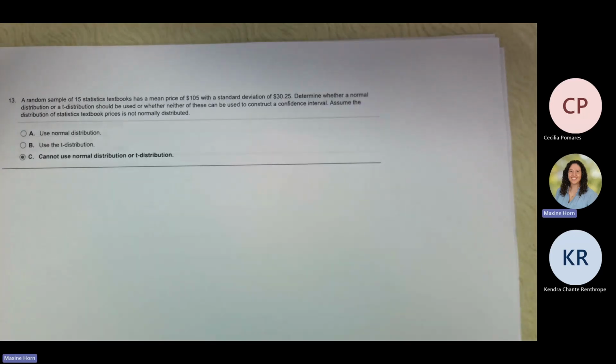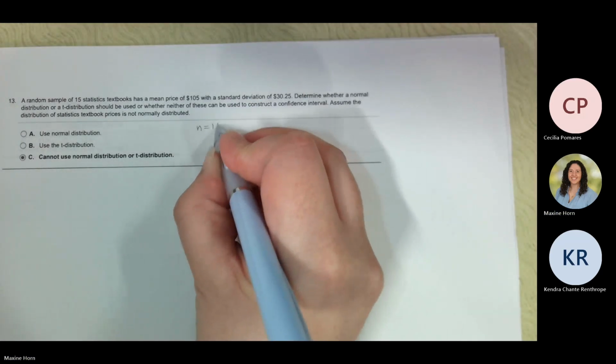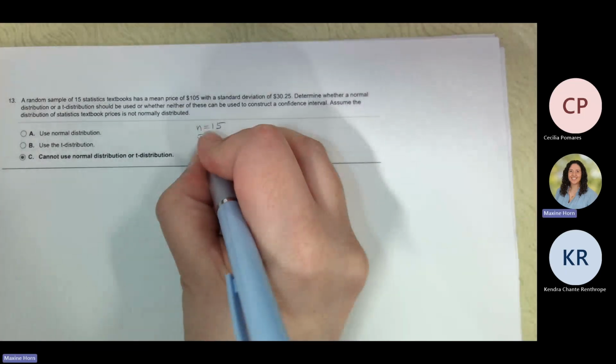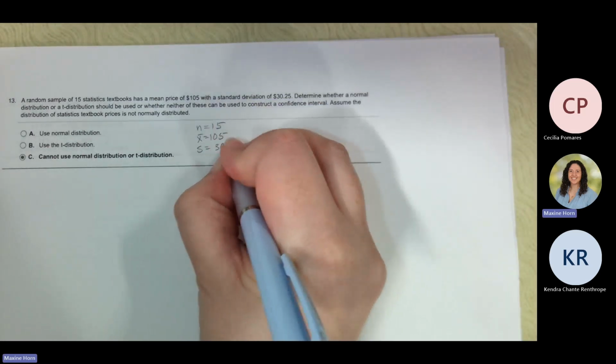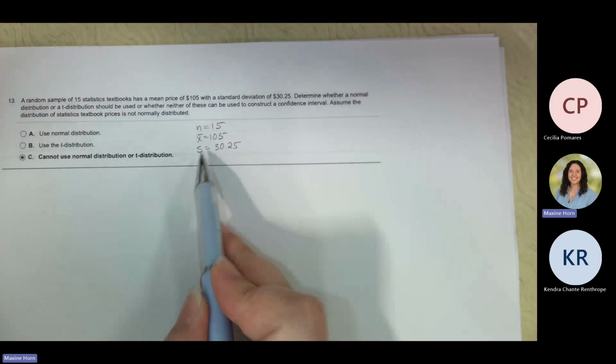Okay. All right, a random sample of 15 statistics textbooks has a mean price of 105 with a standard deviation, so that's a sample standard deviation, of 30.25. Determine whether normal or t, so same question as last time. So they've given us a sample standard deviation, not a population standard deviation.